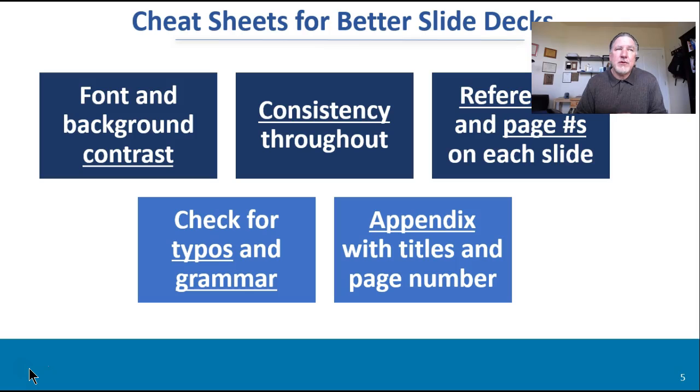Get and project your slides. It's amazing what you think looks good on a computer. You go into a room that may have some ambient lighting and find out that your font is getting blurred out. I really push for contrast. That means a dark background with a light color, or a light background with a dark color. So that's very important.